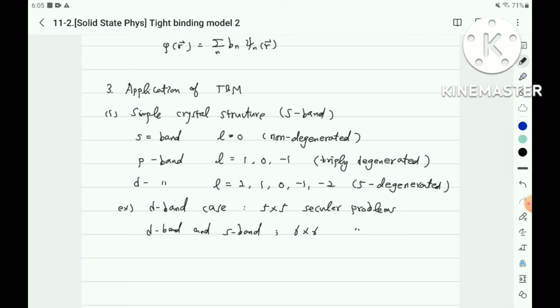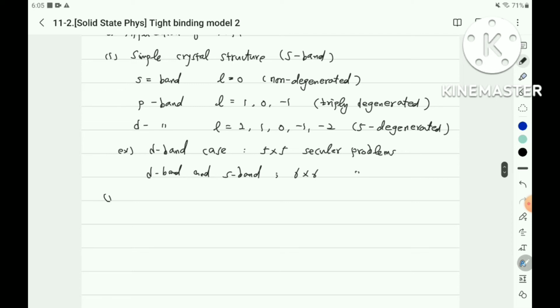And here let's calculate a simple crystal structure, the orthorhombic structure, for the S-band only case.